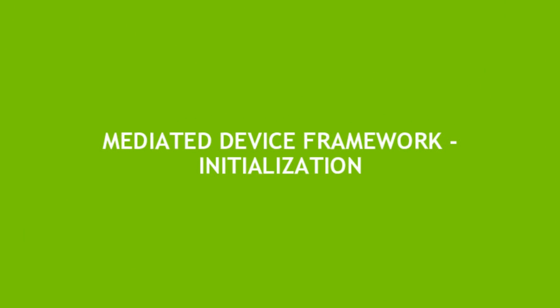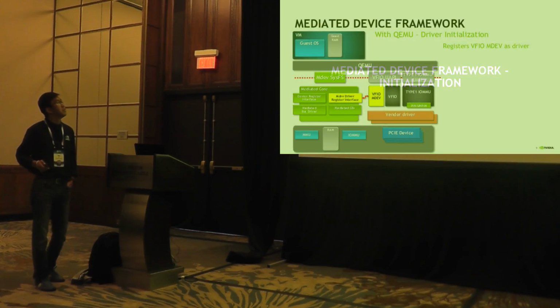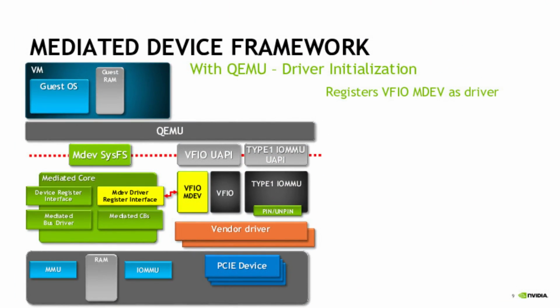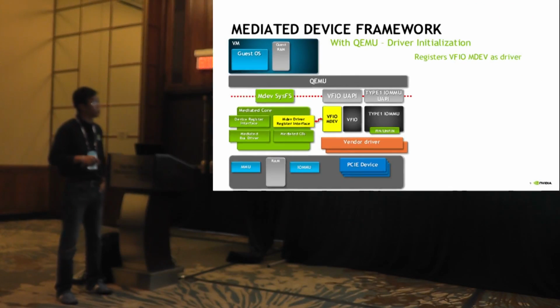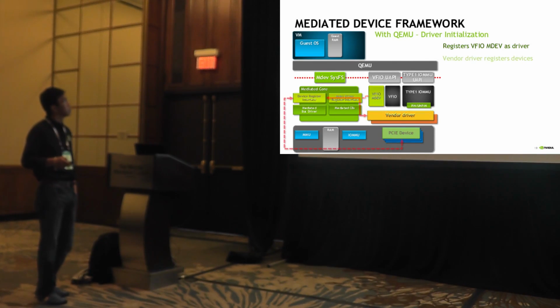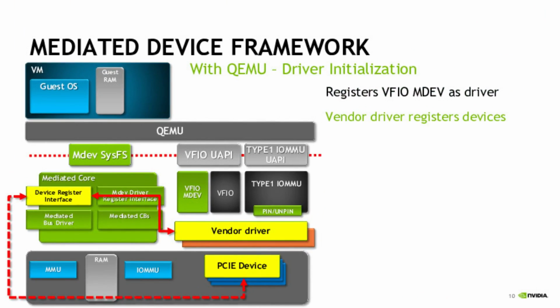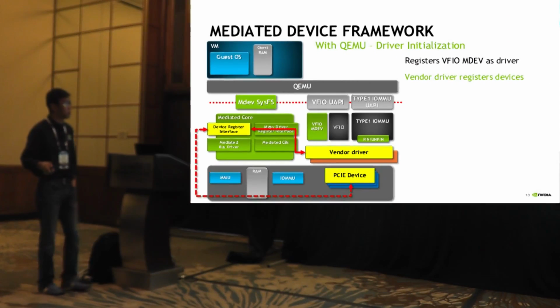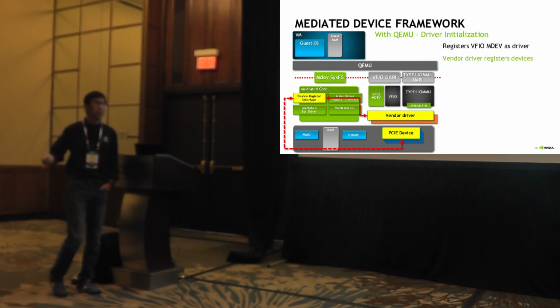So let's look at how the framework actually gets initialized. The first thing you do is register the VFIO MDEV as a driver for the mediated device. And then it's up to the vendor driver to register the device which it wants to use for virtualization, to create a mediated device later.